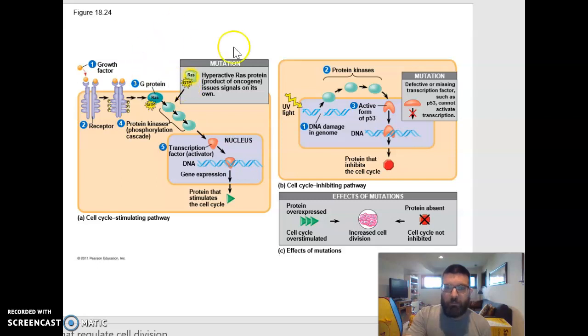So if you have a hyperactive ROS gene, it makes more ROS protein, and that's going to create more protein that stimulates the cell cycle. P53 ends up serving as a transcription factor for a gene that inhibits the cell cycle, and if you are not making P53 appropriately, it doesn't effectively make that stop sign, and you can end up going through the cell division when it's not appropriate.